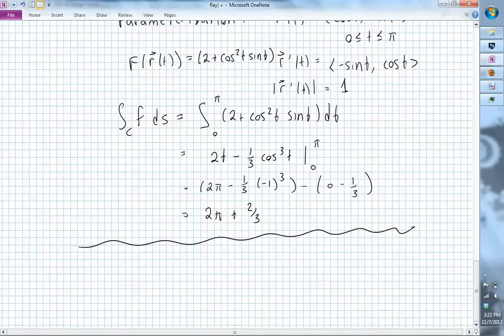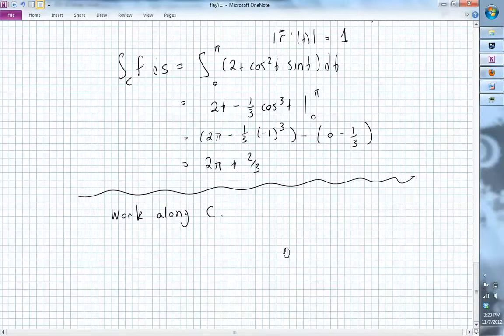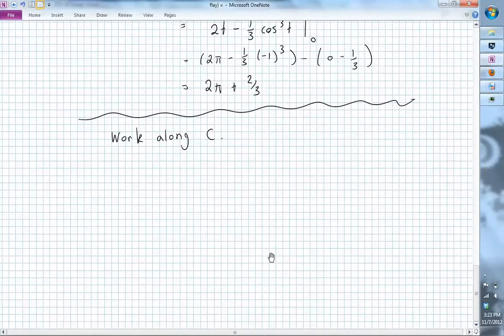So we know how to do, at least preliminarily, you guys will have to do some practice problems tonight and tomorrow, but preliminarily we know how to evaluate a line integral. Now we can move on and compute work. So a little piece of work along the curve C. Remember that work is force times distance.